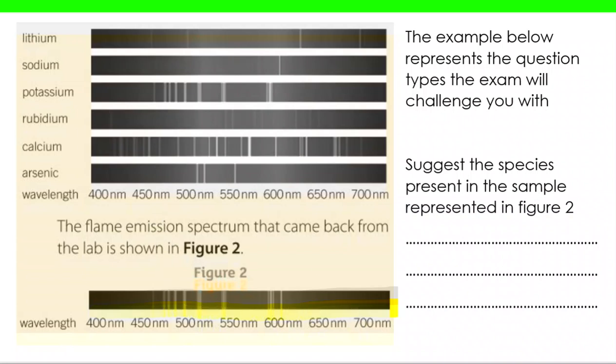This is fitting potassium perfectly. Almost perfectly. There is one extra line here that cannot be accounted for within potassium. But if you go one element up, you can see that that's in line with the one line present on sodium. So that tells us that we have got sodium and potassium present.